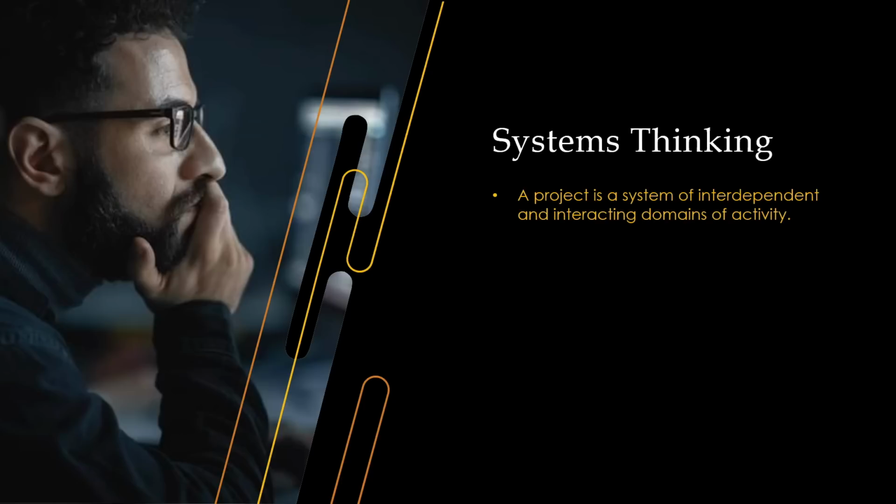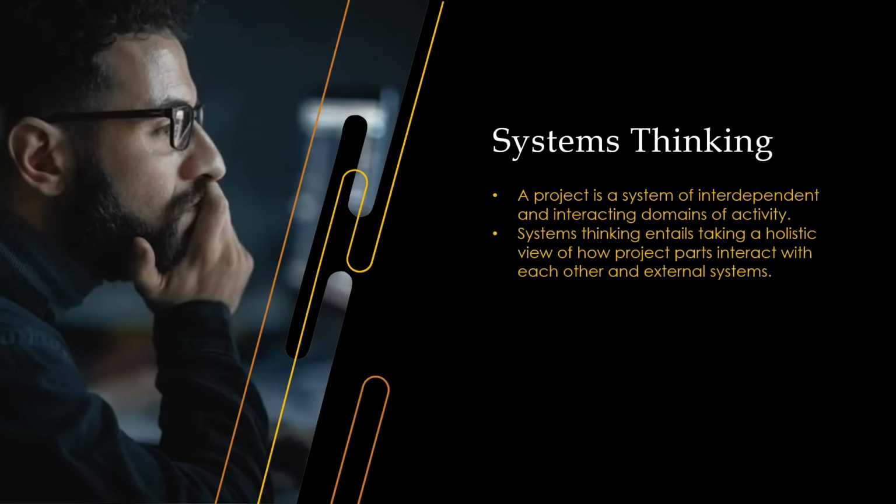As in our example, we were talking about a housing society and you saw how many different teams were involved. Now, systems thinking is going to shift your perspective to see the bigger picture. How do these project parts or sub projects interact?